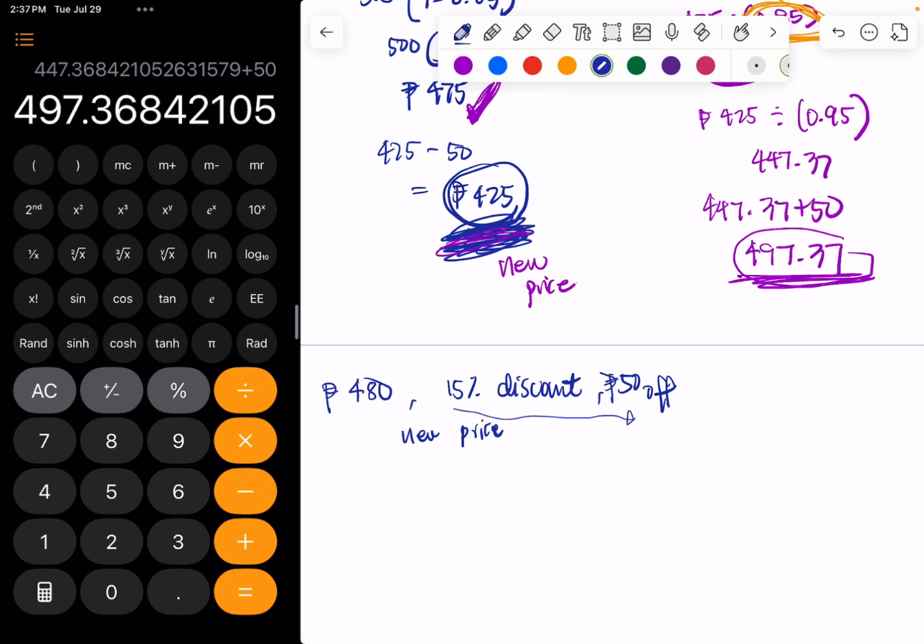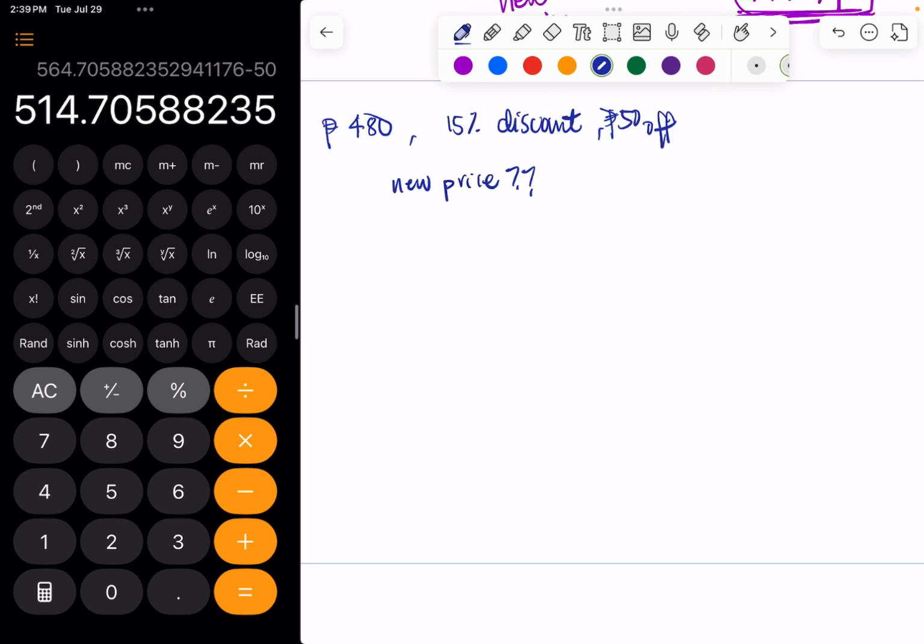So, what is the process here in finding the new price? So, you use multiplication. And since it is finding the new price, so you start from kinaunhan padulong sa last, from left to right.